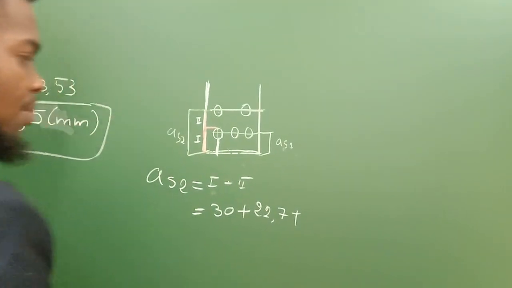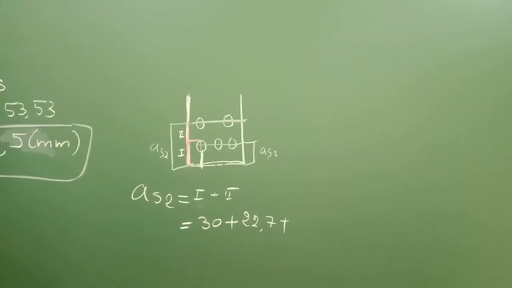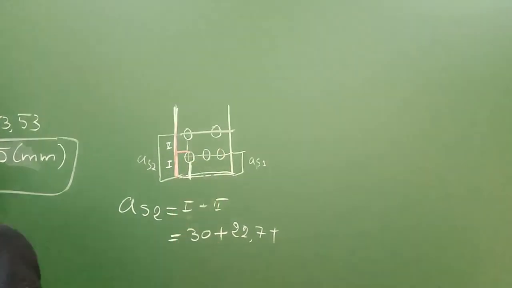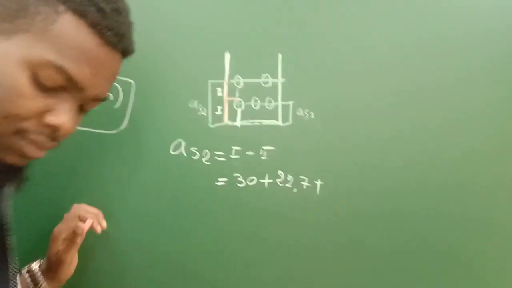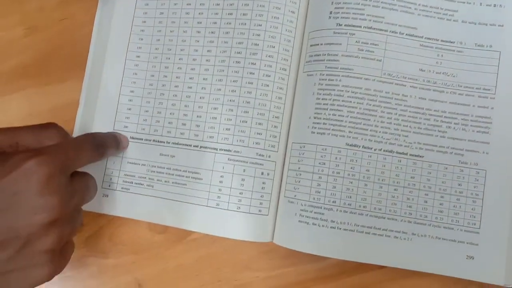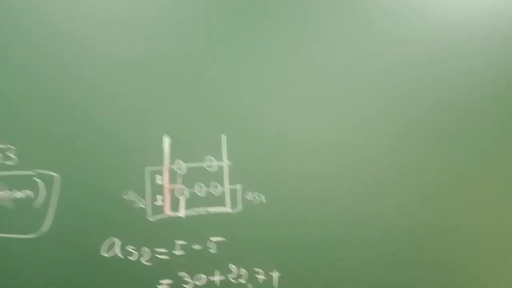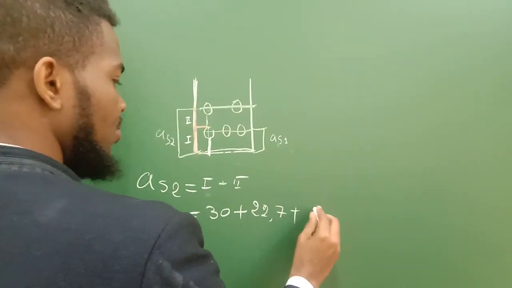And then we take plus, this is the first section, and for the second section, we take the minimum cover thickness for the beam. We will take again the 30, the cover thickness.